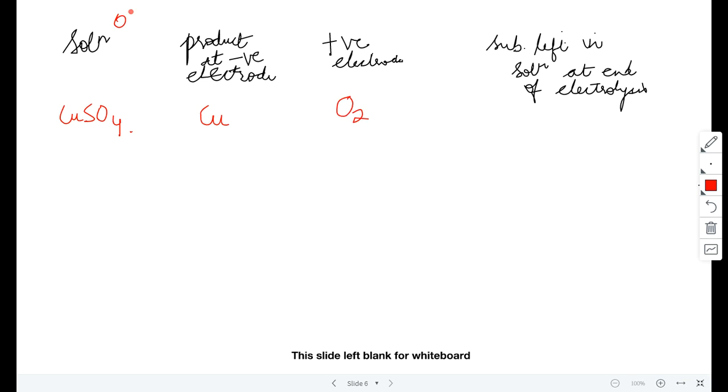When OH ions are present or halide ions are present, which one goes? Halide ions are preferred, right?